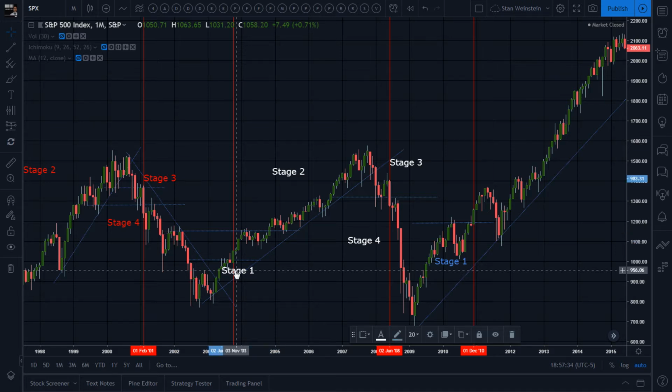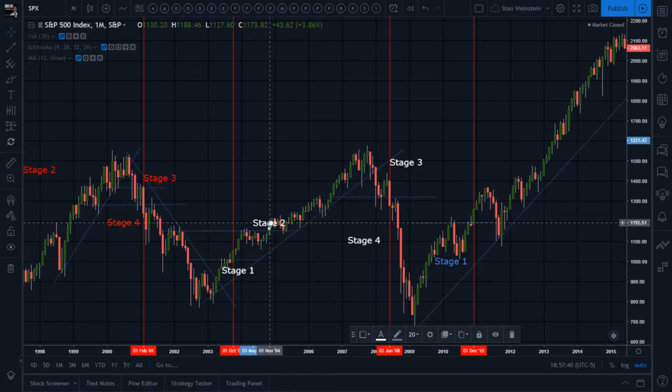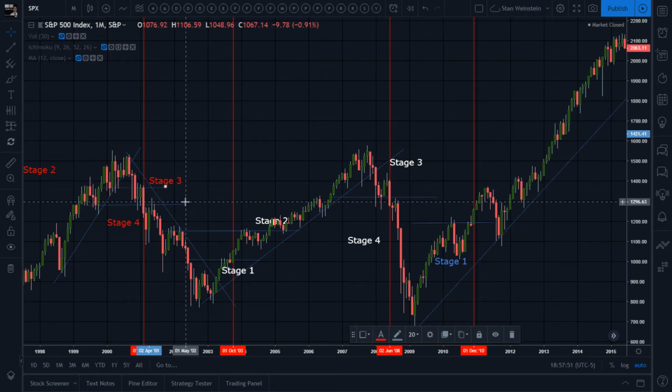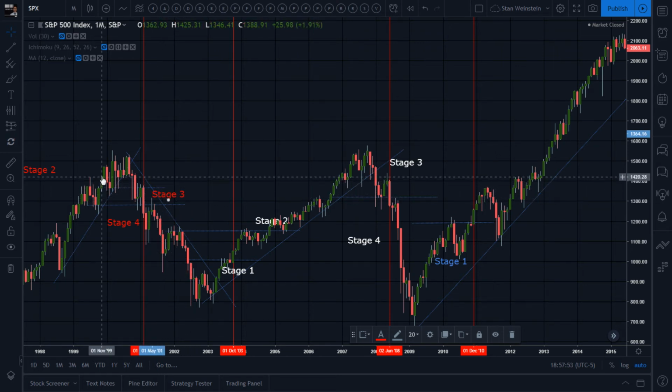So your stage 1 could start here, and your stage 2 could start here or here. Stage 3 could have started here, right below this monthly defined breakdown line, or here. So I don't know how I'm going to call that. Maybe stage 3, 3.1, 3.2, and embryonic breakdown, embryonic stage 3, 3.1. Then after that, embryonic or full-on stage 3. I don't know how to call it.